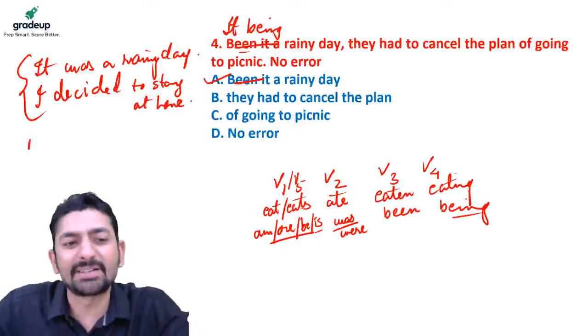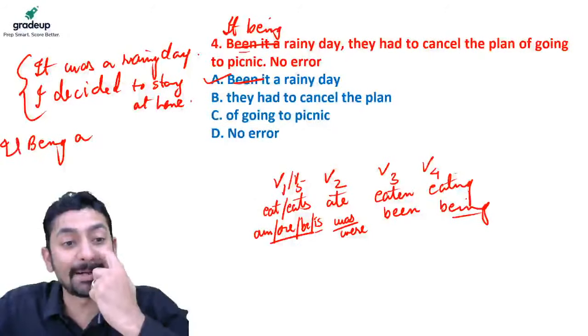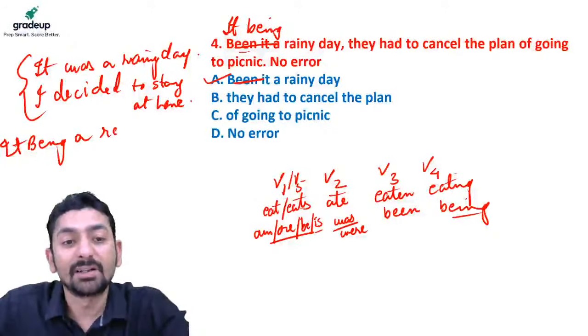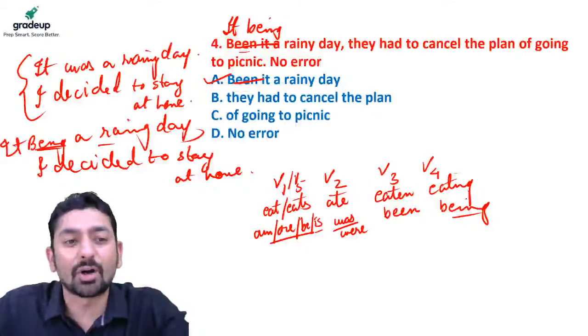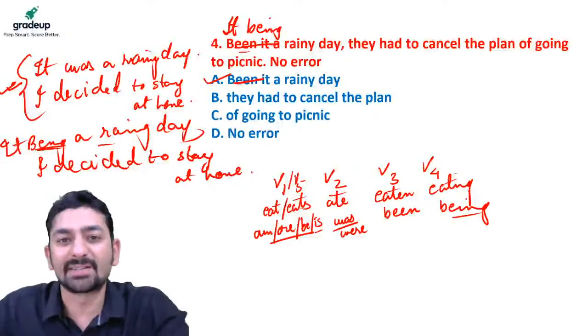Combining these two sentences, you can write it like this. It being a rainy day, I decided to stay at home. So the actual meaning of this sentence is a combination of these two sentences.